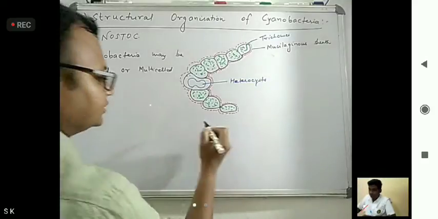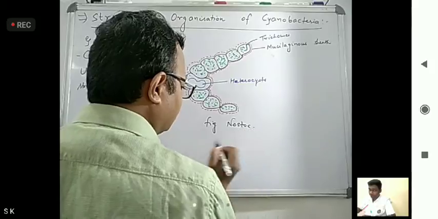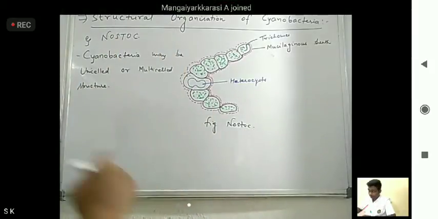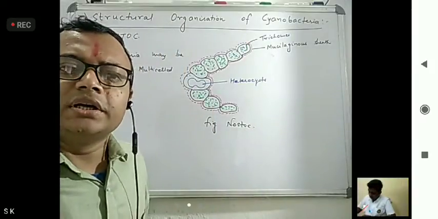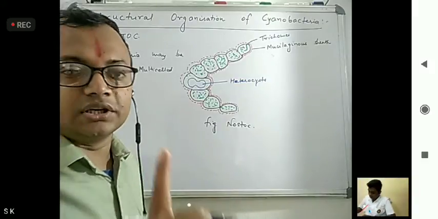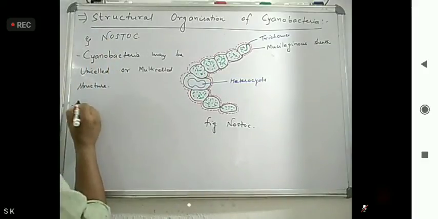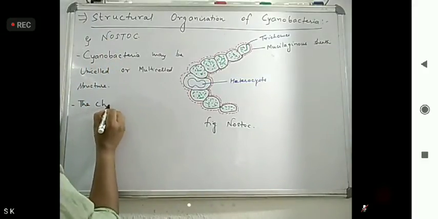Okay, here is the figure of Nostoc. Now, the characteristic feature of Nostoc is the absence of flagellum in its entire life cycle. You have to remember this for your medical exams.